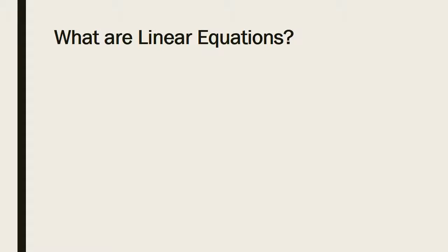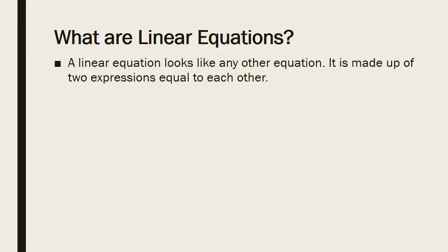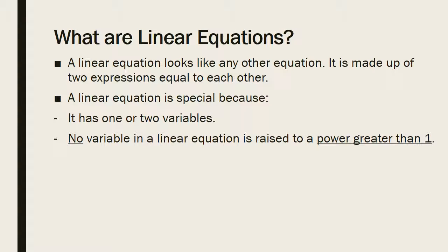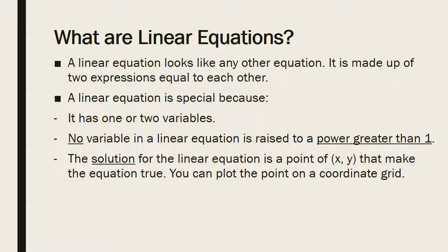First, let's talk about what linear equations are. Linear equations look like any other equations. It is made up of two expressions equal to each other. A linear equation is special because it has one or two variables. No variable in the linear equation is raised to a power greater than 1.